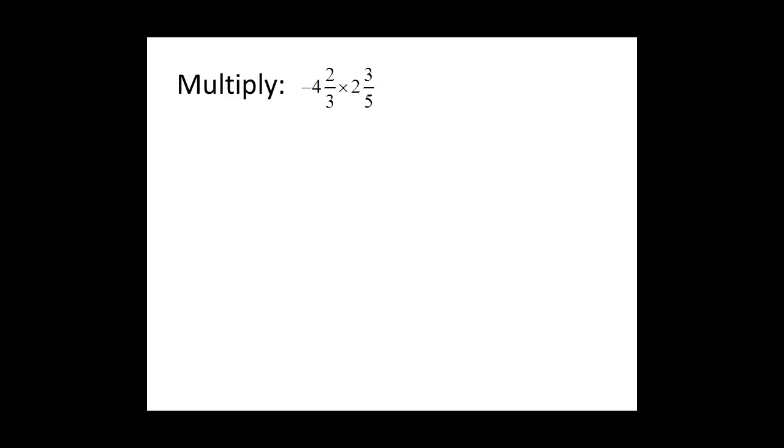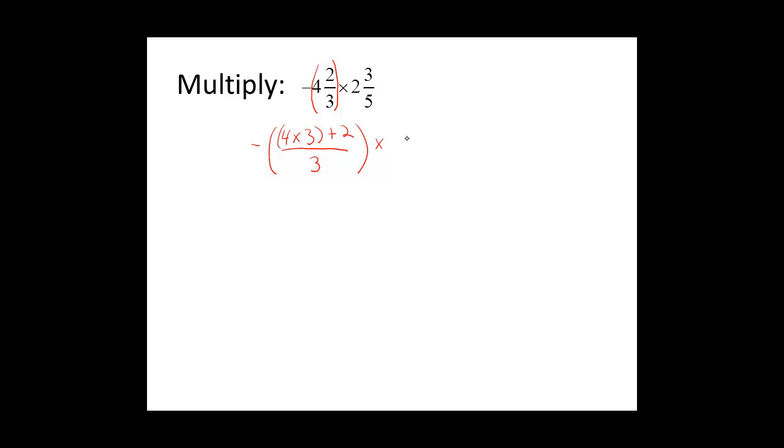Multiply -4 2/3 times 2 3/5. Change this to an improper fraction, and recall we will put the negative on the outside, and we will simplify this part as an improper fraction, and then that improper fraction is negative. 4 times 3, so the whole number times the denominator, plus the numerator over the denominator.